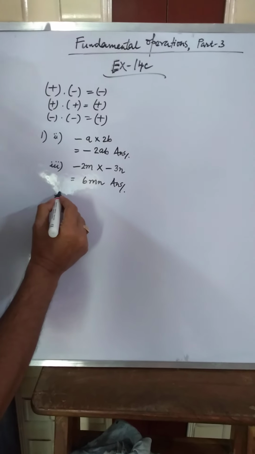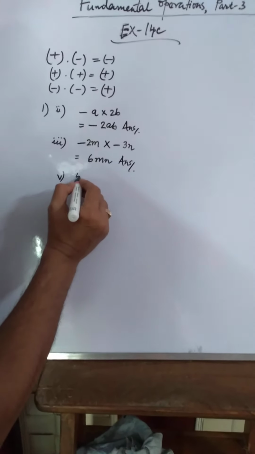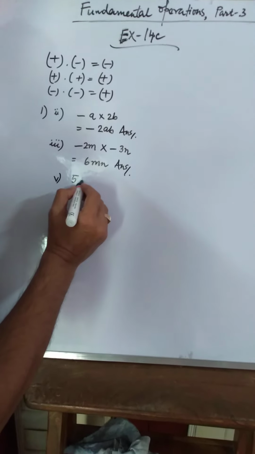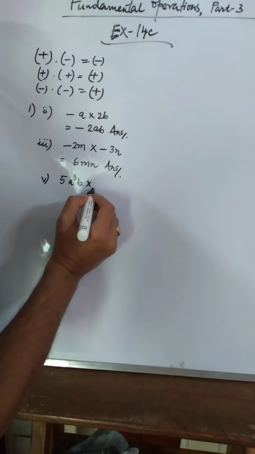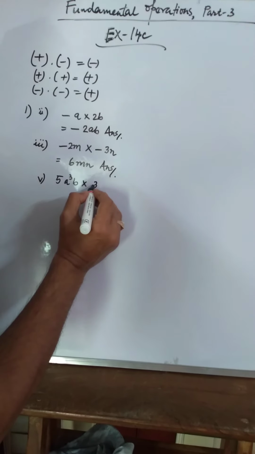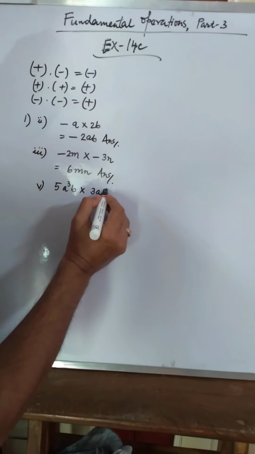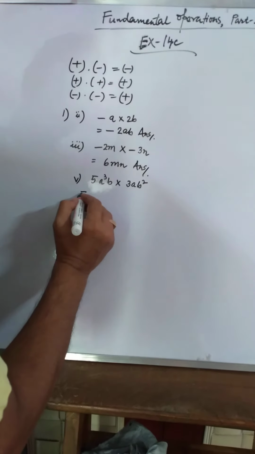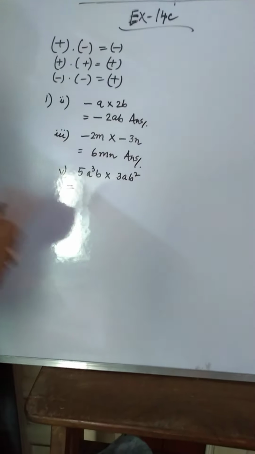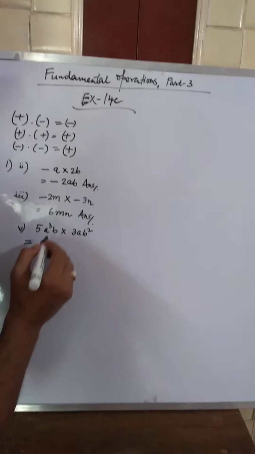Consider Roman 5. 5 a to the power 3 b multiplied by 3a b square, or b to the power 2. So two positive signs are multiplied with each other, so the resultant sign will be positive.